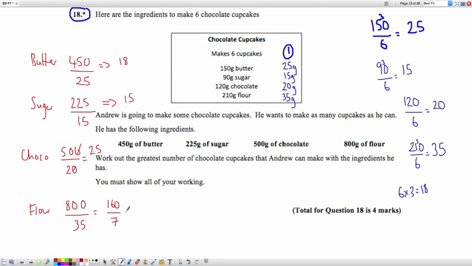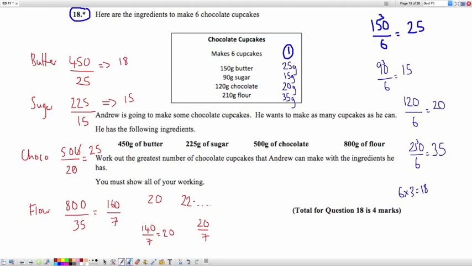And then we're looking at how many 7s fit into 160. Well, 140 divided by 7 gives us 20. Then we have 20 left over, divided by the 7. Not quite 3, but almost. So it's going to be 22 point something.